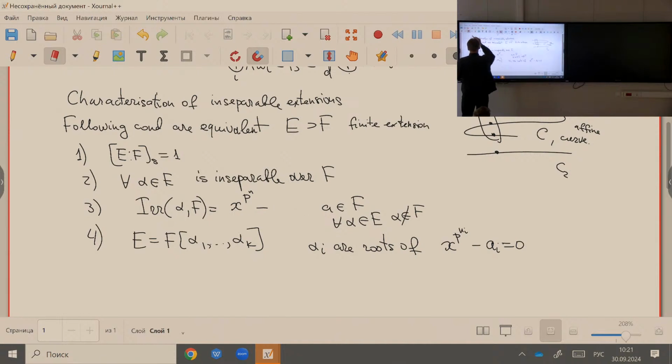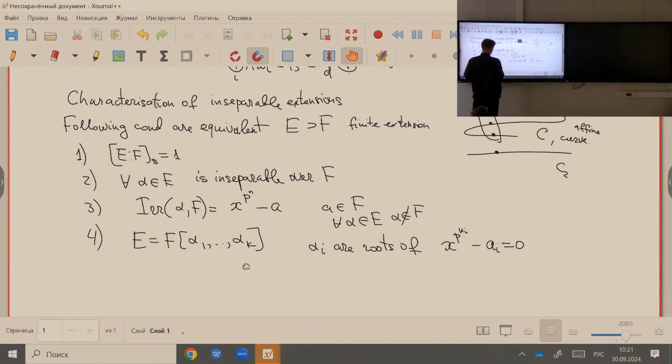But sometimes, at some steps, you can do not assume that the extension is finite, but you have to assume that it is algebraic. Yeah, so that any element that you extend is a root of an algebraic polynomial.